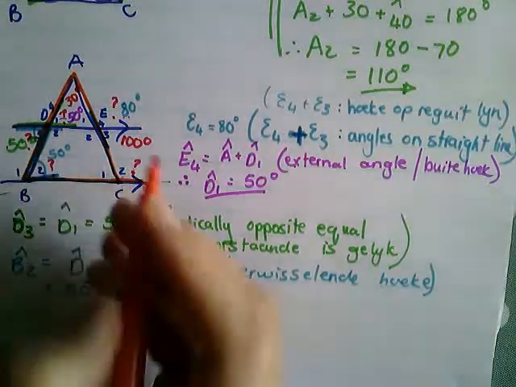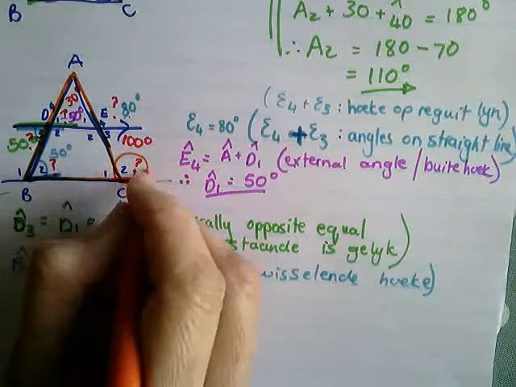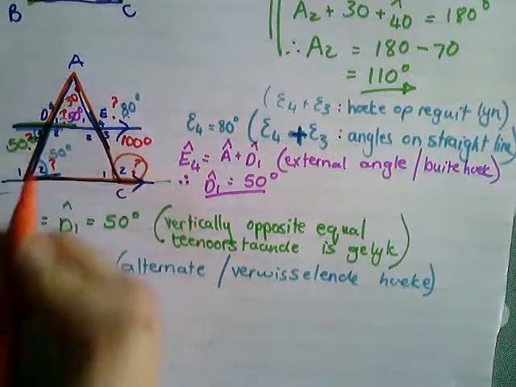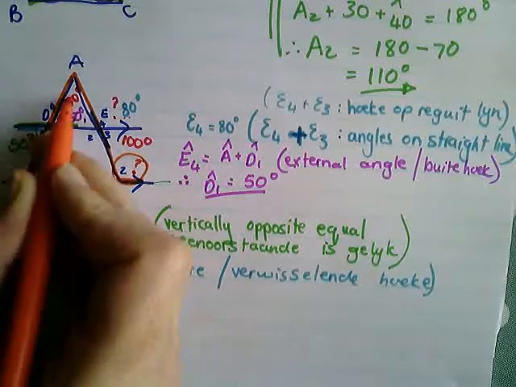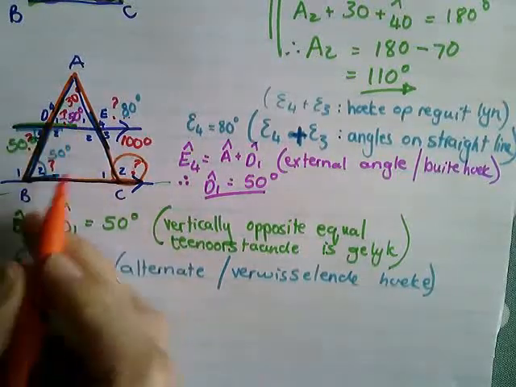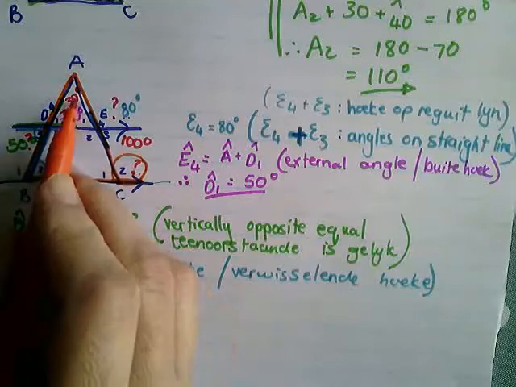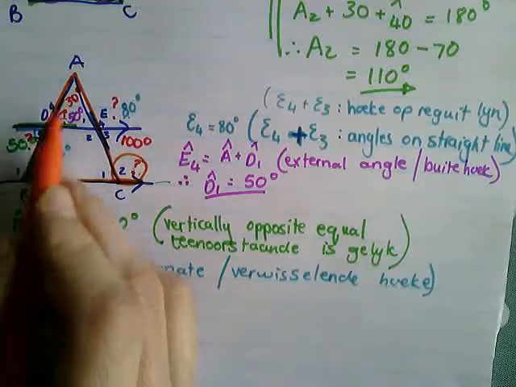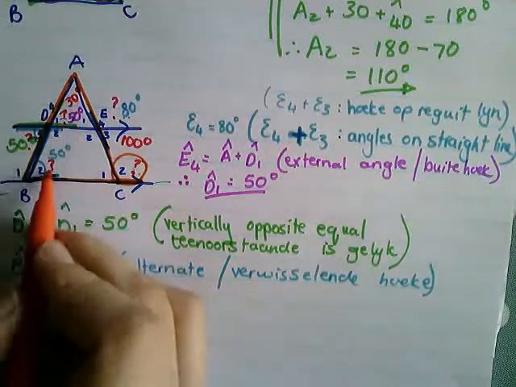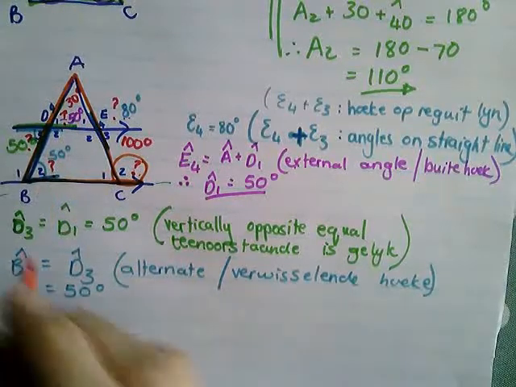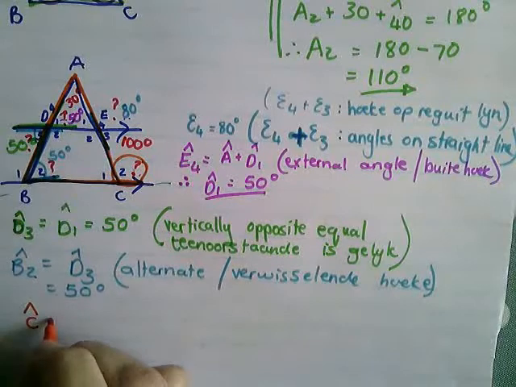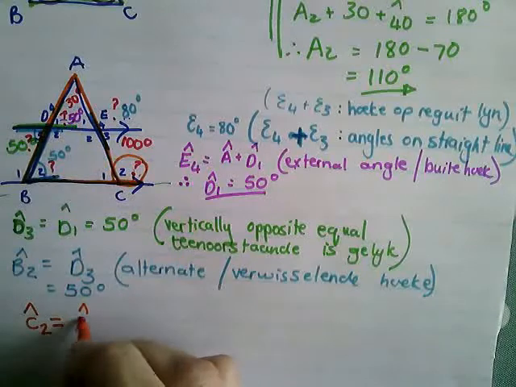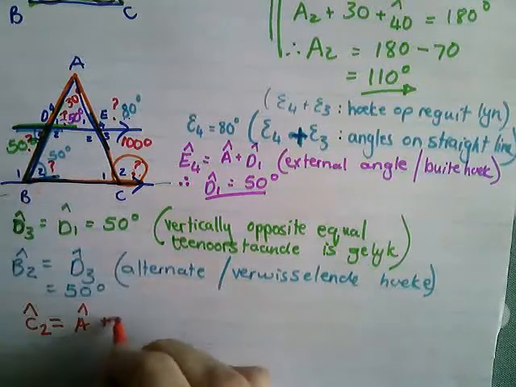En dit beteken C2 is gelyk aan hoek A plus hoek B2. Want hy is mos nou gelyk aan die twee teenoorstaande binnehoeke. So that external angle is equal to the sum of the two opposite interior angles. So to write that, we're going to say angle C2 is equal to angle A plus angle B2.